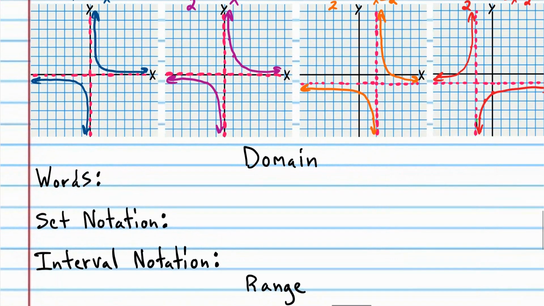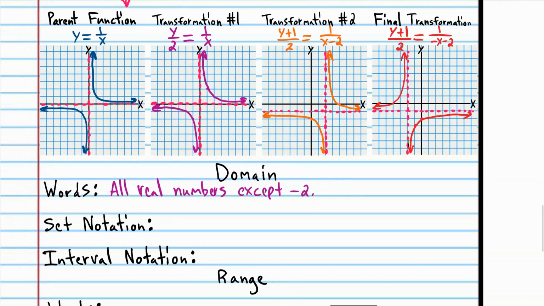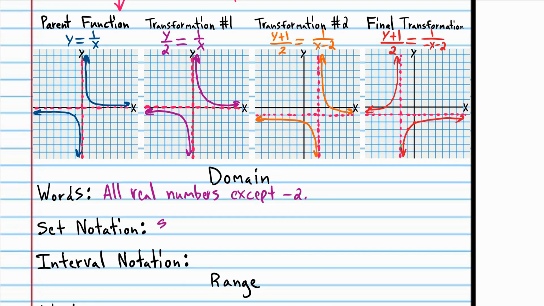So the domain is all real numbers except -2. The set of all x values such that x is not equal to -2. Negative infinity to -2, parentheses, union, parenthesis, not brackets.